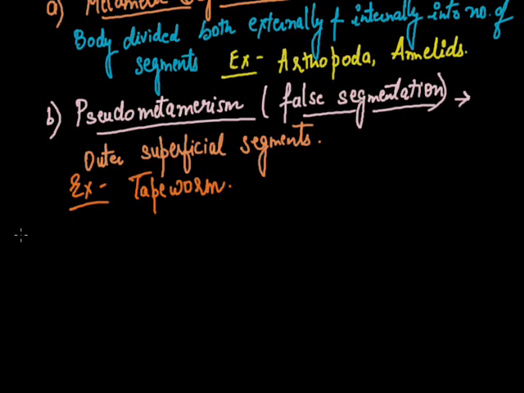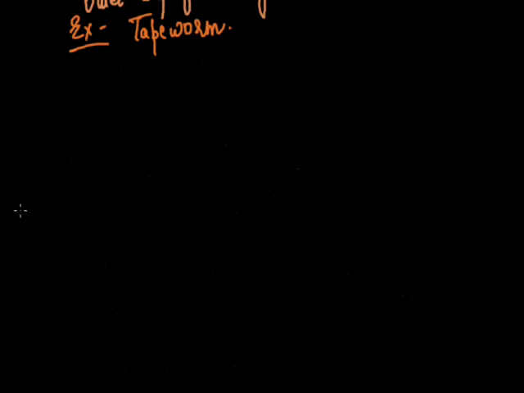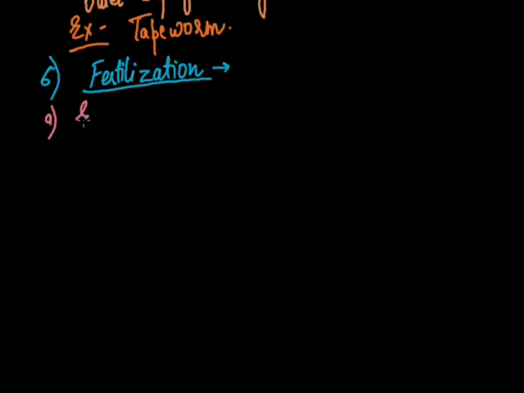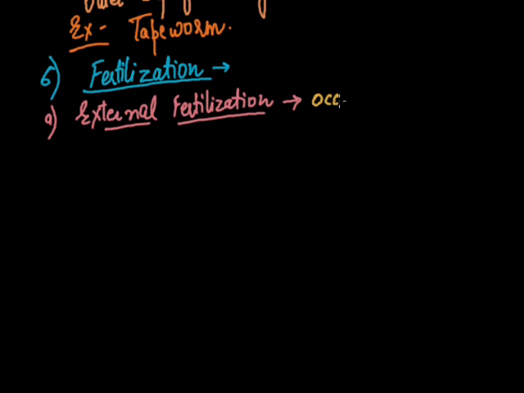Now we further move to the next basis of organization, which is fertilization. Fertilization is again divided into two types. First is external fertilization. External fertilization occurs outside the body of the animal and mainly in water.